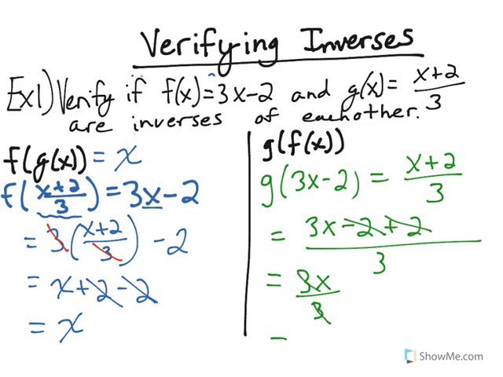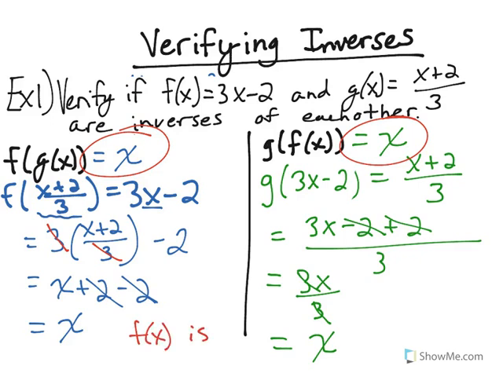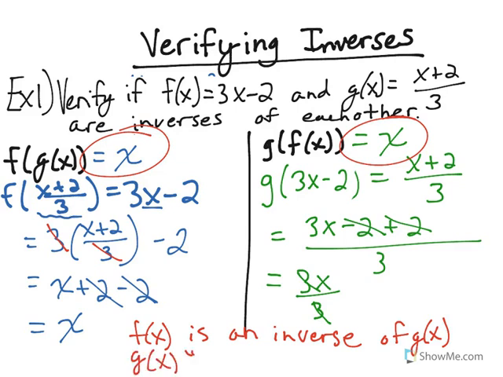Then the 3's cancel, and we are left with x. So g of f of x is also x. Because both of them equal x, we can now conclude that f of x is an inverse of g of x. Or you can reverse it, it means the same thing, and you can say g of x is an inverse of f of x.